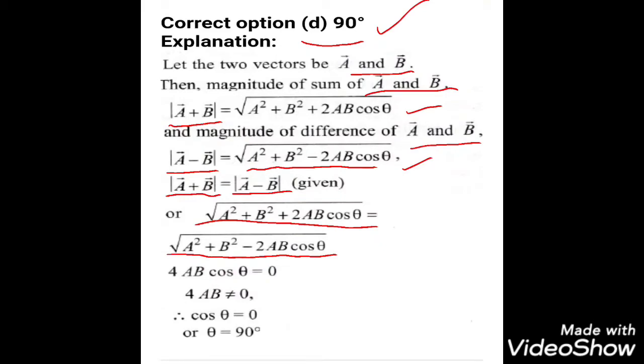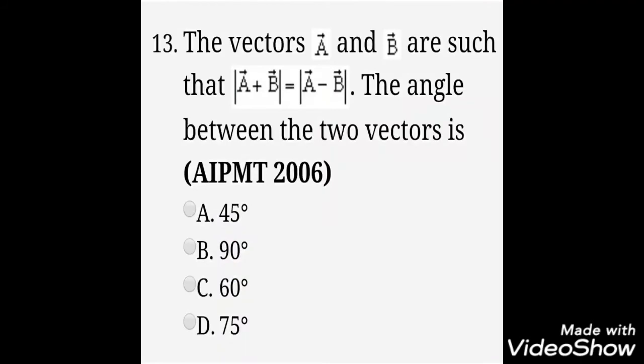If you square both sides, you get 2AB cos theta is equal to minus 2AB cos theta. So minus 2AB cos theta comes to the left hand side as plus 2AB cos theta. You get 4AB cos theta equal to 0. Since 4AB is not 0, cos theta is equal to 0. Theta is equal to 90 degree, which is the correct answer.